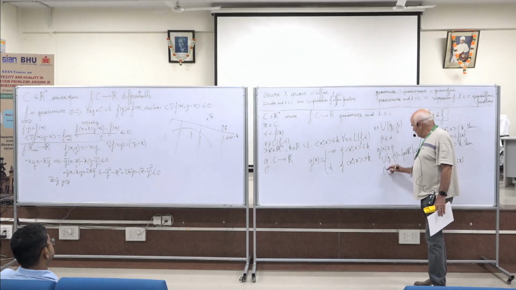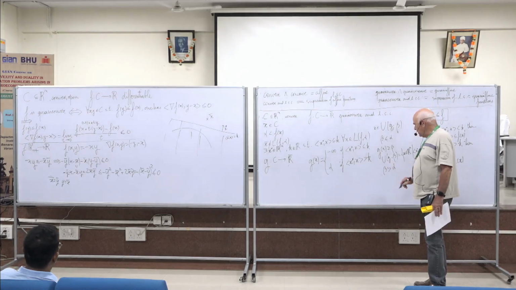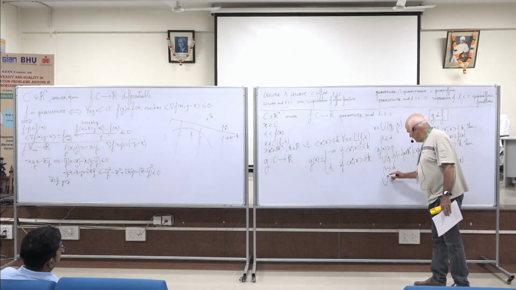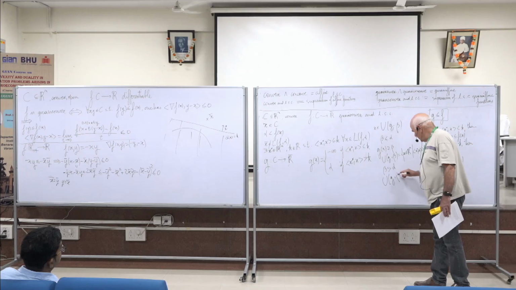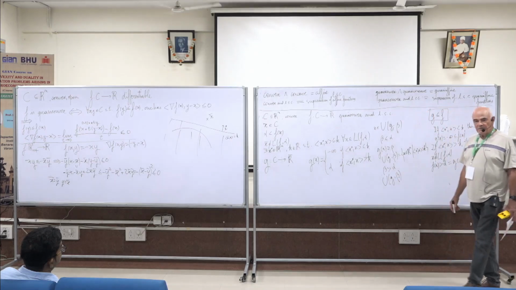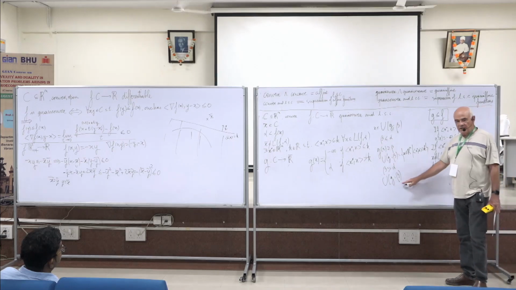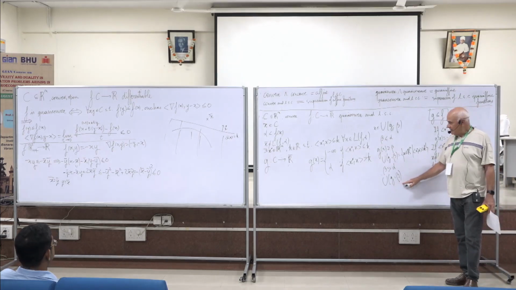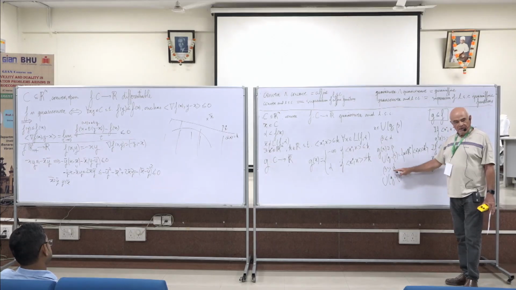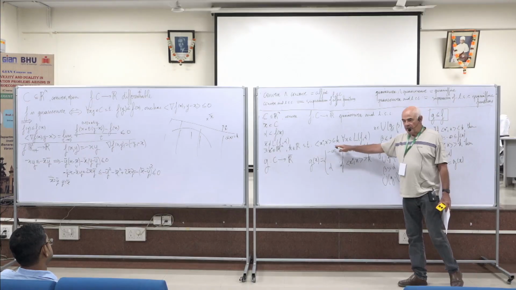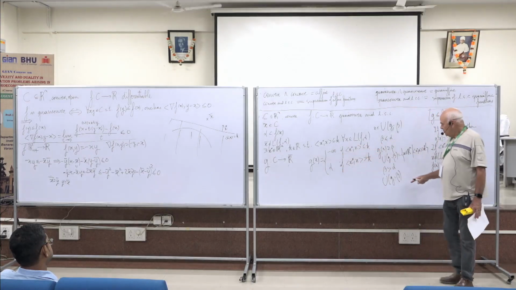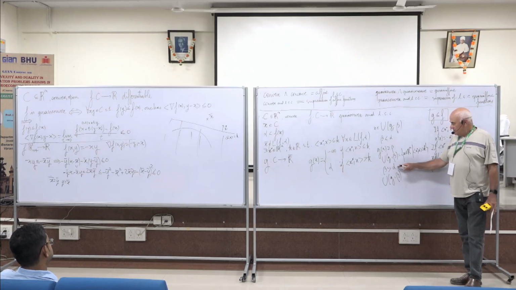Now, if beta is greater than alpha, what is the upper level set? Where does g take a value greater than or equal to beta if beta is greater than alpha? Never, because the values it takes are minus infinity and alpha, which are both smaller than beta.